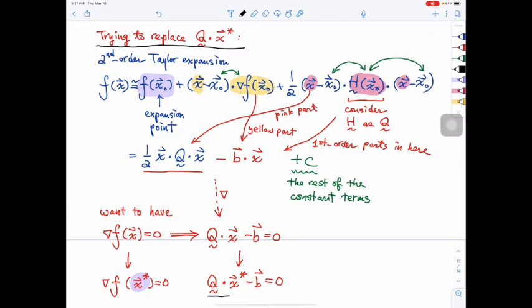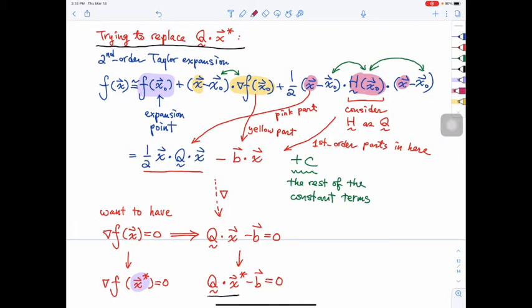Now we have q dot x star. So it seems like choosing Hessian as our q is a good choice. Right? Right here, we said maybe we can consider Hessian as our q. But we didn't know if it's a good choice. Now we feel like, oh, it's a good choice. So I should consider Hessian as my q, so that I can use b to replace q dot x star.